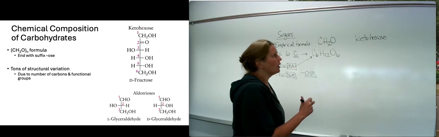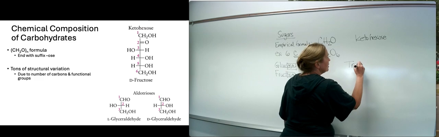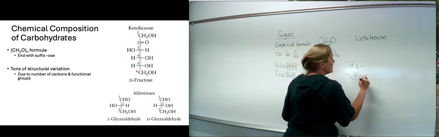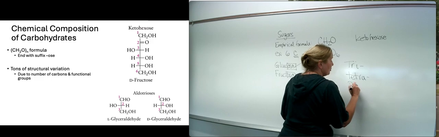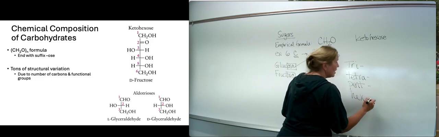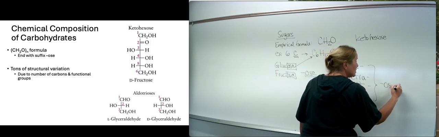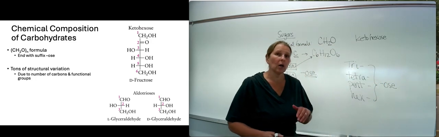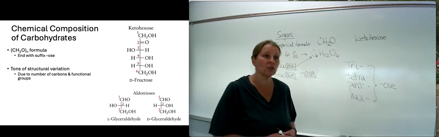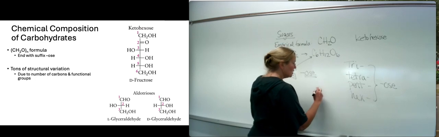If you remember from organic chemistry, we have those prefixes like tri, tetra, pent for 5, hex for 6. Well, if you take all of these and you add the suffix ose, that tells you how many carbons are in that particular sugar. So for example, here on the slides, you can see a ketohexose, hexose.